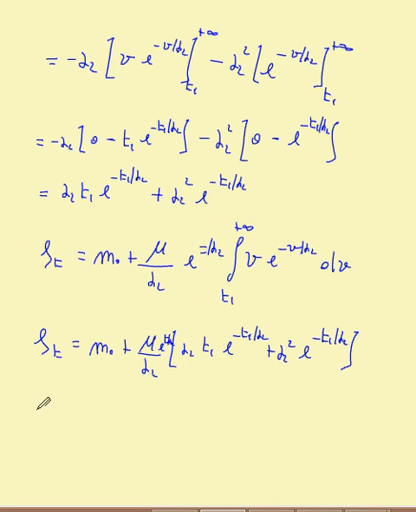The final result is the exchange rate equal to M0 plus me, which multiplies T1 plus alpha 2, e to the power of minus T1 minus T over alpha 2. This is the final dynamics in the exchange rate, and you can check that this is correct.